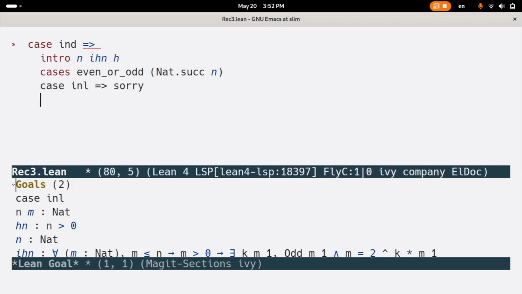We will leave the INL case for later and go ahead and prove the INR case.